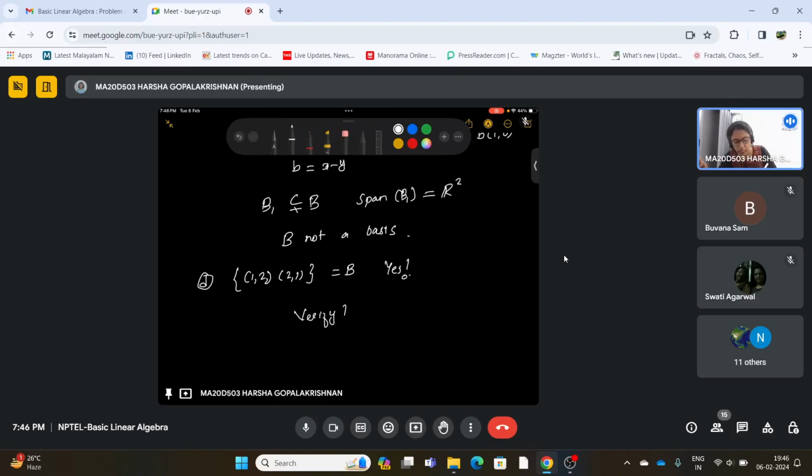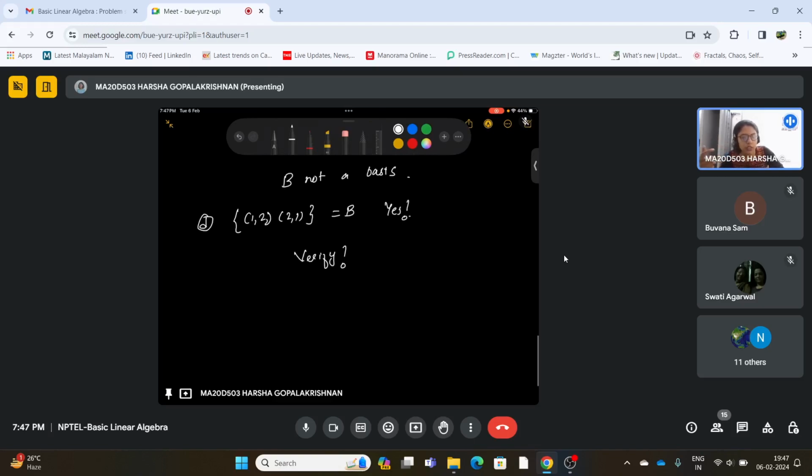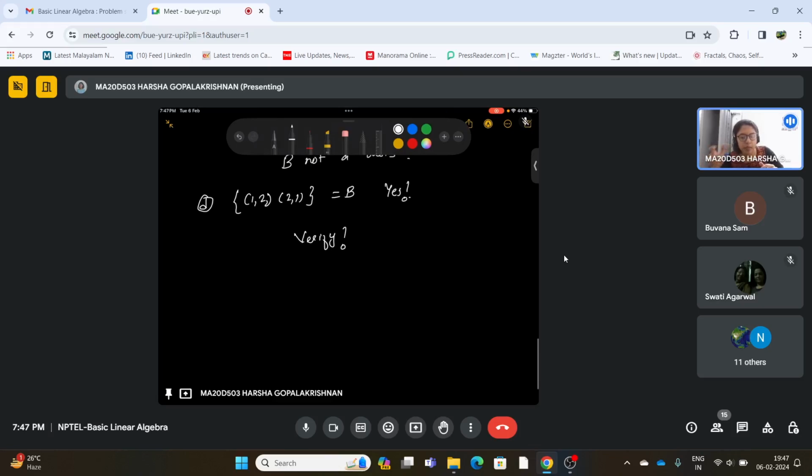What you want to check is first prove that span B equals R2, and then consider a single element, whether the single element spans whole R2 or not. So these two conditions you just verify. You should do all the problems like this, then only you will get used to it and understand what exactly basis means, in what sense we should take elements.